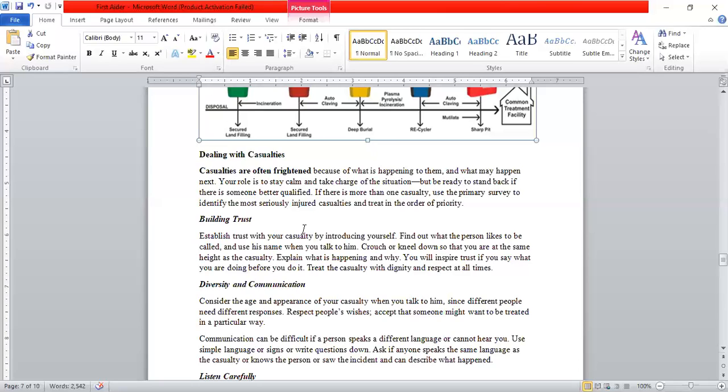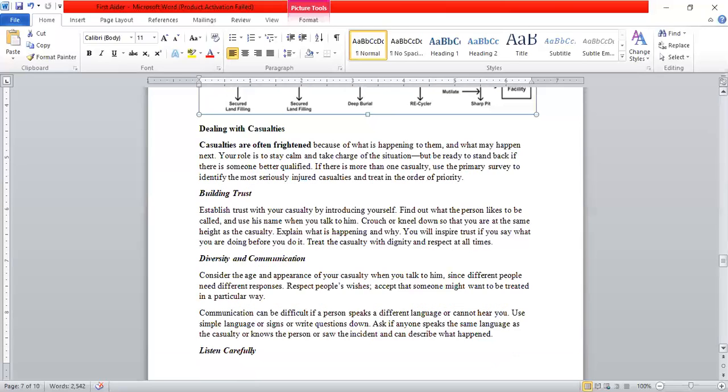So you remain calm and take charge of the situation. But when the emergency help or more experienced people arrive, you're supposed to stand back and allow them to do their work. But you can hand over any information that you have about the casualty, or how the incident occurred.